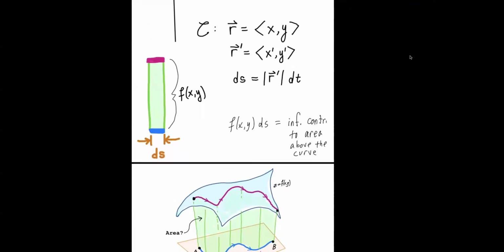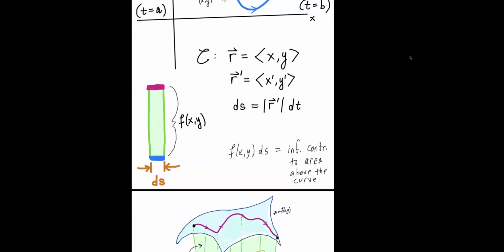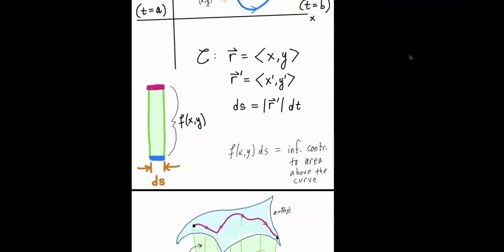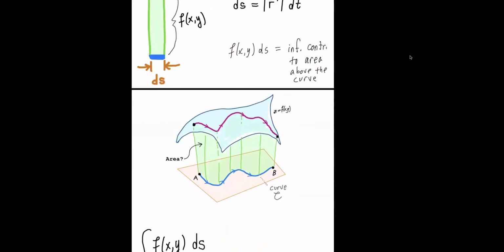Now, to compute an integral like this, we simply make use of our parameterization. Part of the reason we studied these kinds of curves earlier in the semester is so that we'd be able to use these parameterizations to evaluate these types of integrals.